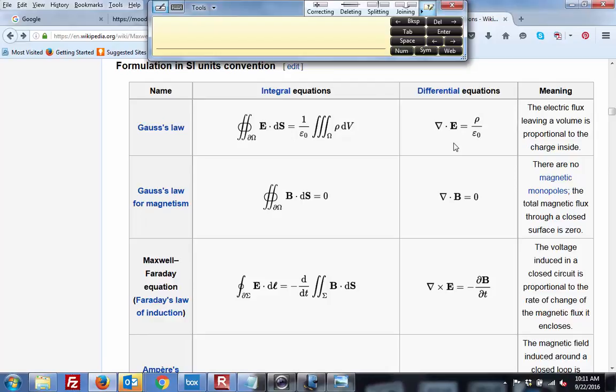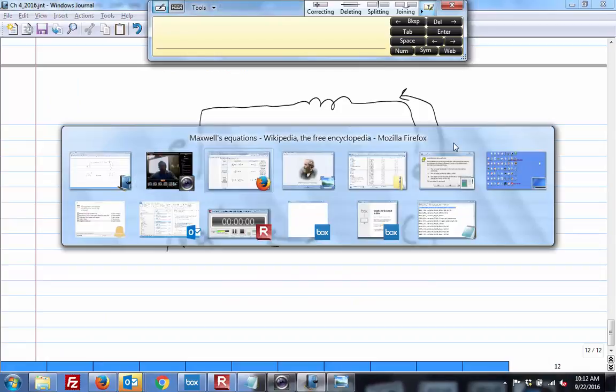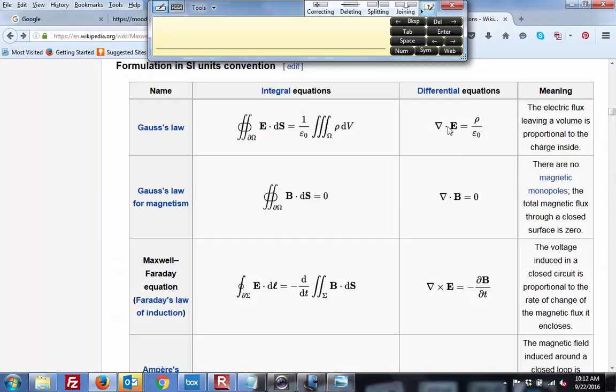So there is a direction to that, and that's exactly what this equation is telling us. And if we add all those up, there's some charge inside of it. We can count up all the electrons inside. So that was Gauss's law. It's just electron counting is all it is.